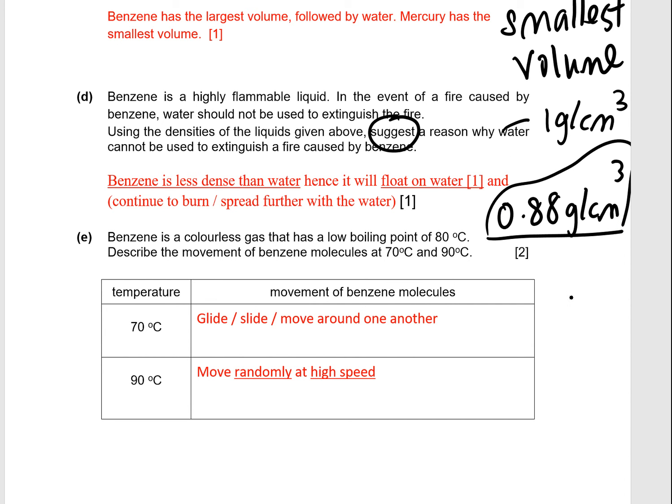So when you have benzene and water together, benzene is going to float on top of water. Because it's going to float on top of water, there's no way you can extinguish. So if there's a fire and benzene is burning over here, and you try to add water, the water will just be at the bottom, right? And the benzene will just continue burning at the top.